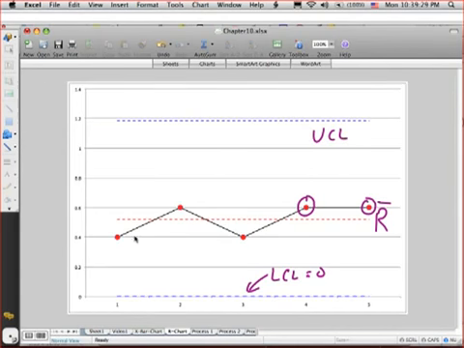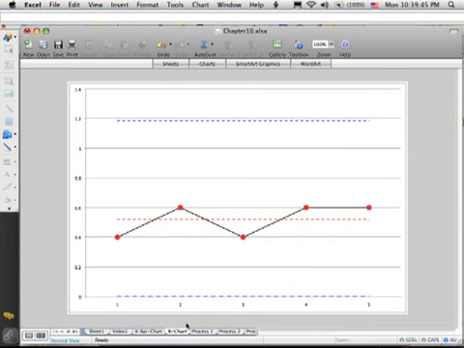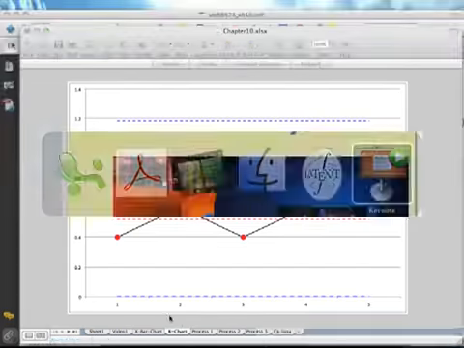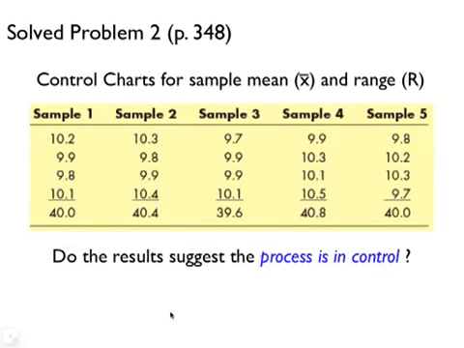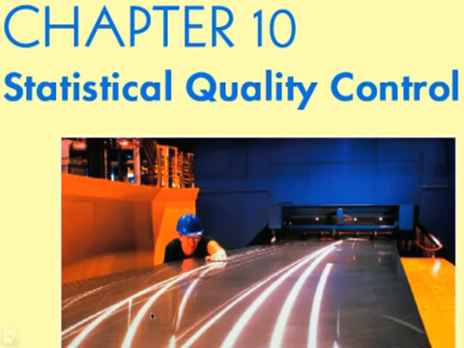And again, we're not seeing trends one way or the other. The variance is staying fairly static. So this process is in control. The X bar chart and the R chart are used together, so that's why we plot both things at the same time. So the process is in control based on the data we have there. And that ends the first video for Chapter 10, Statistical Quality Control.